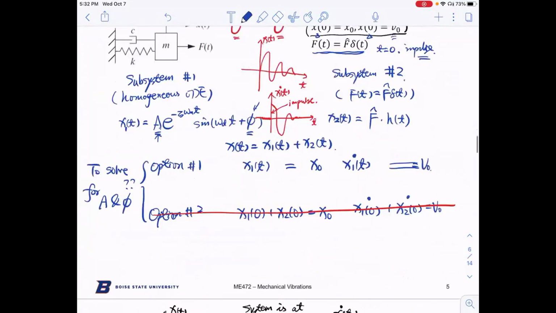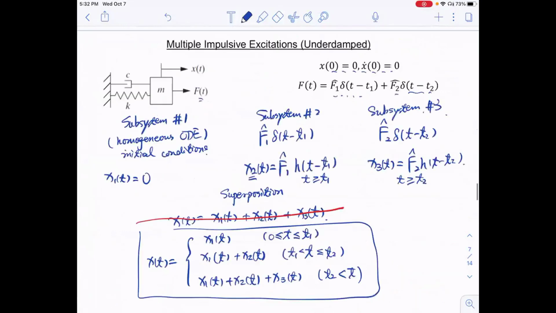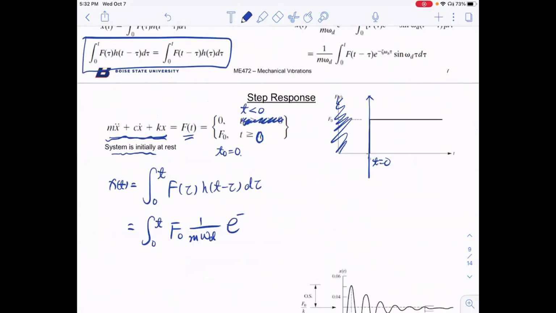It's 1 over m omega d, e to the minus zeta omega n (t minus tau), sine omega d (t minus tau), d tau.